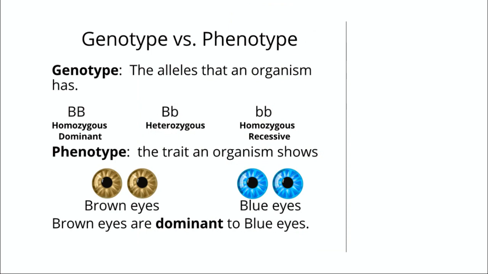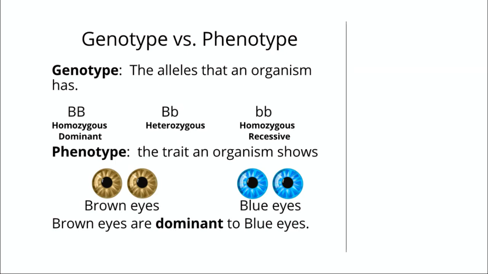So really quickly, some vocabulary. Genotype refers to the alleles that an organism has, and we use actual letters to represent this for the most part. And so here's an example. We have big B and little b. So usually dominant is big B, recessive is little b. Hetero means different, so 1 of each would be heterozygous.